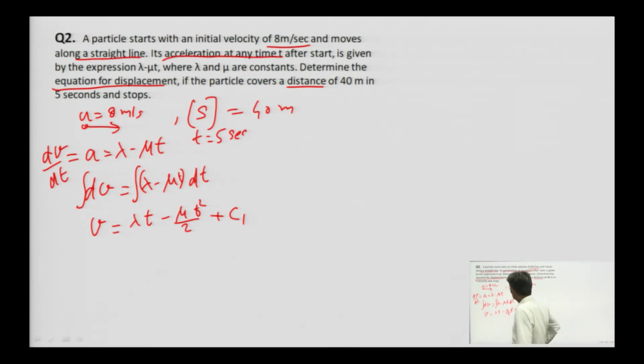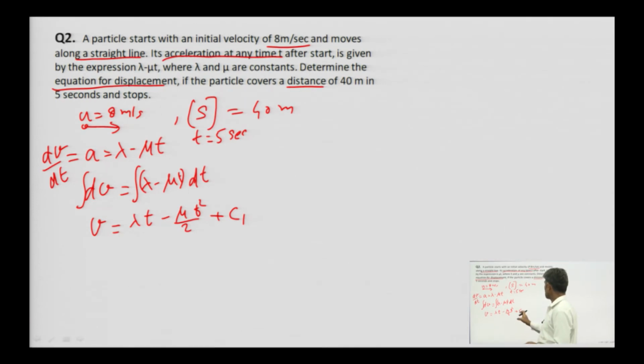The value of c 1 can be calculated only when we have the boundary condition. So, read the question again, there will be some boundary condition. A particle starts with an initial velocity, which means at time t equal to 0, v is 8. Initial velocity means v at time t equal to 0 is 8.